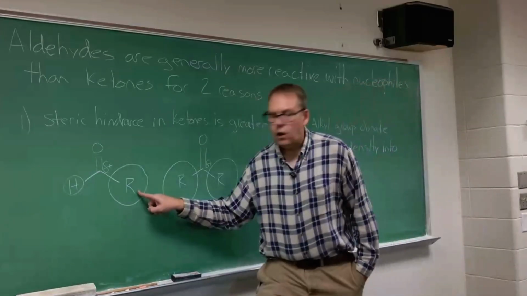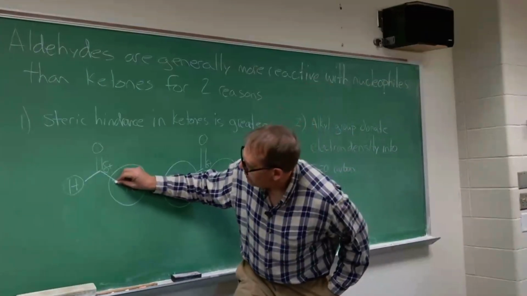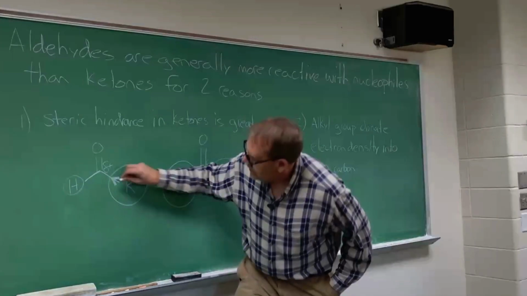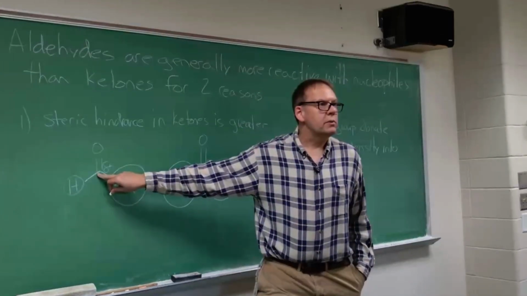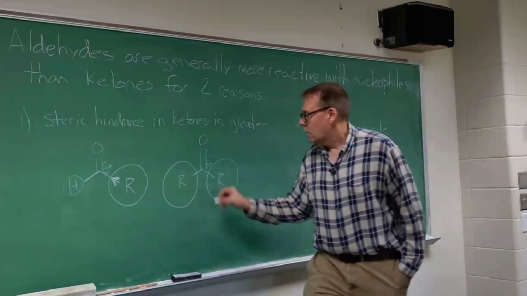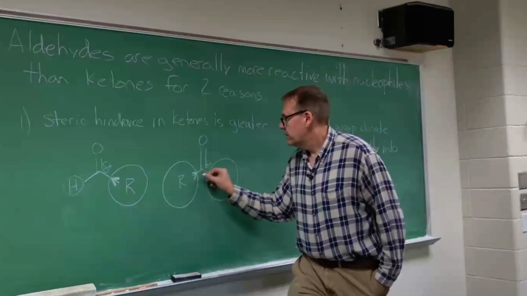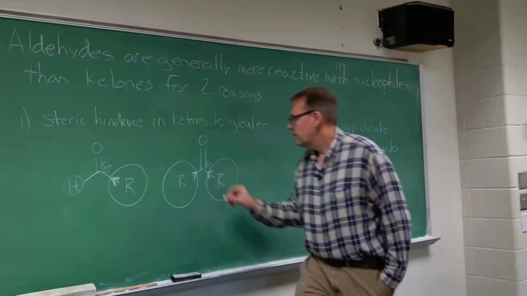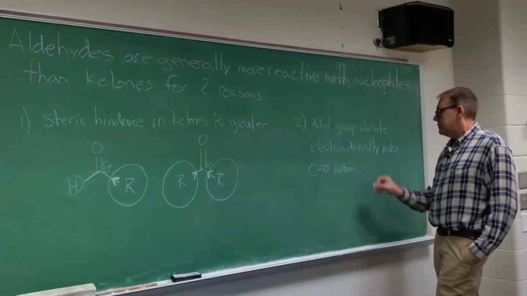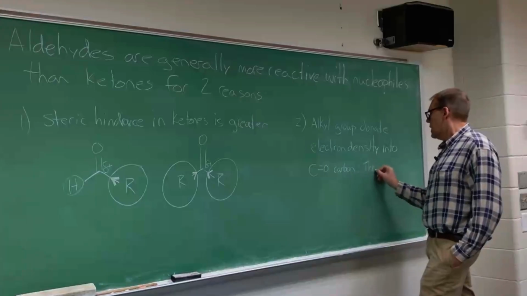So these R groups have a tendency to push a little bit of electron density in to make that carbon a little less partially positive. Aldehyde has one of these R groups, ketone has two. So that makes ketones less reactive.